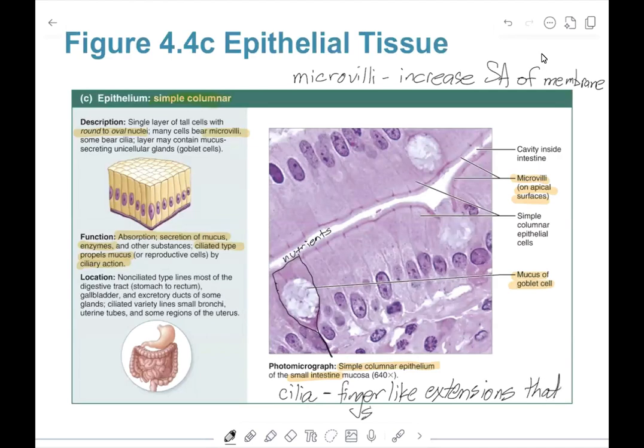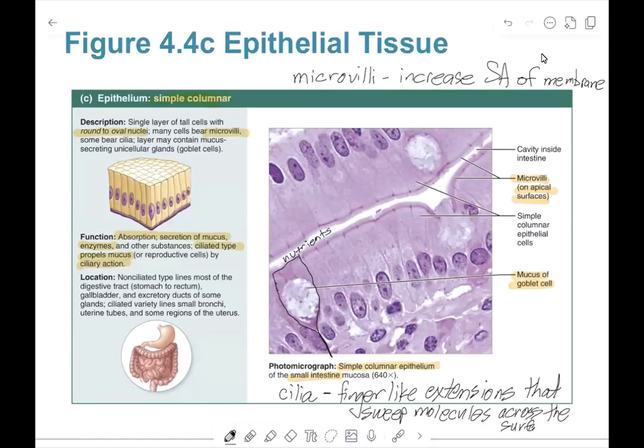So they do not increase the surface area of the membrane. Instead, they are finger-like projections, almost like brooms that are sticking out. And in the trachea, remember, they're constantly sweeping mucus out of the trachea. So they sweep these molecules across the surface.